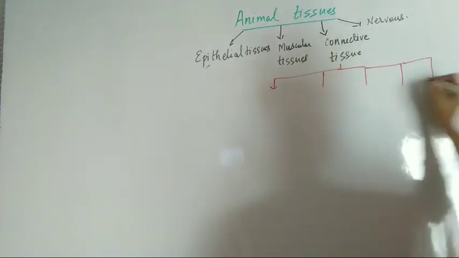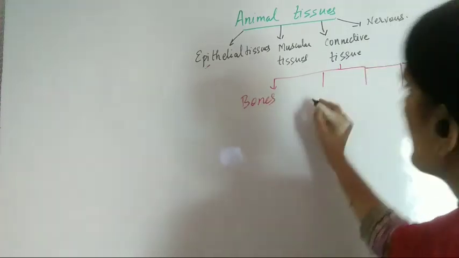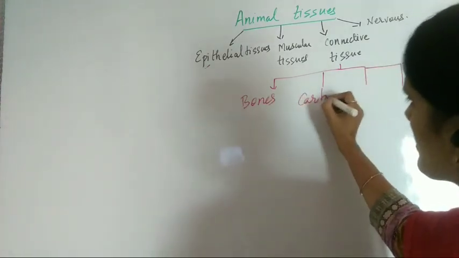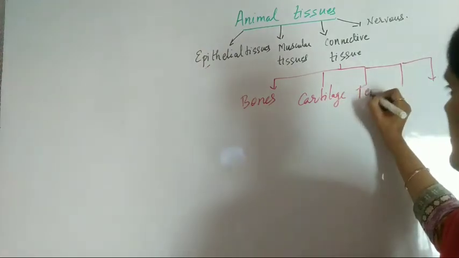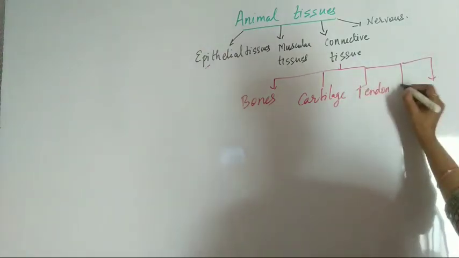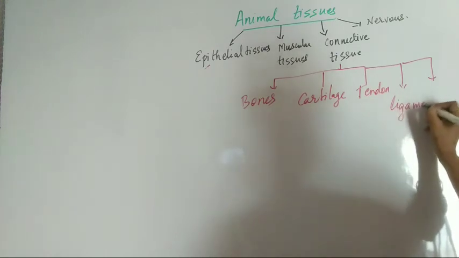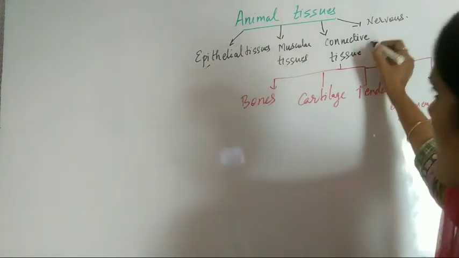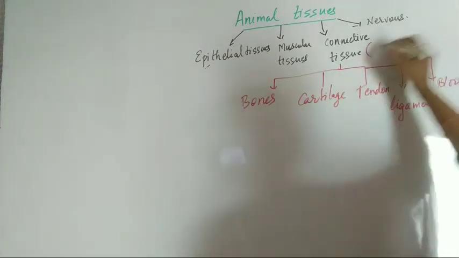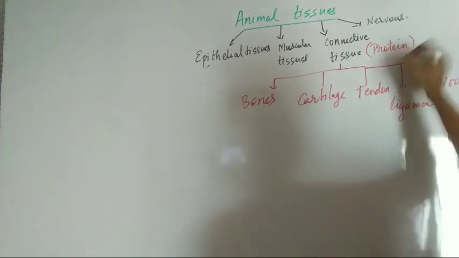That is bones, cartilage, tendons, ligament and blood. This connective tissue is mainly made up of proteins.